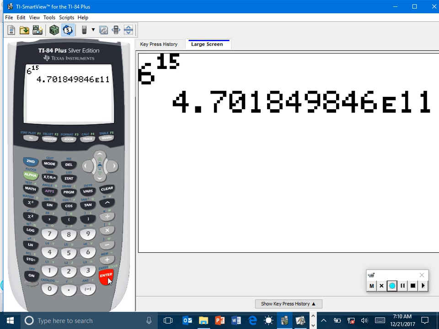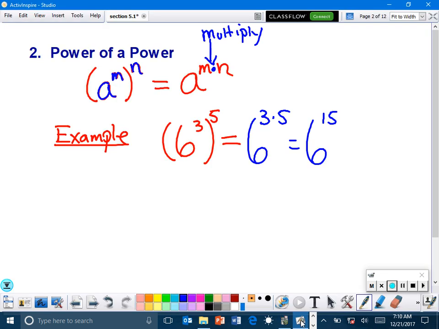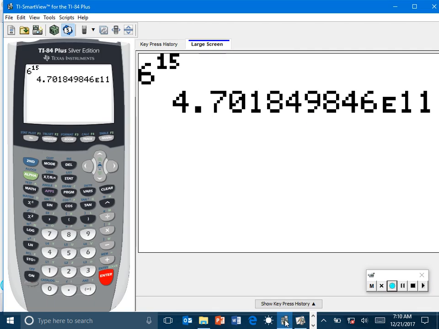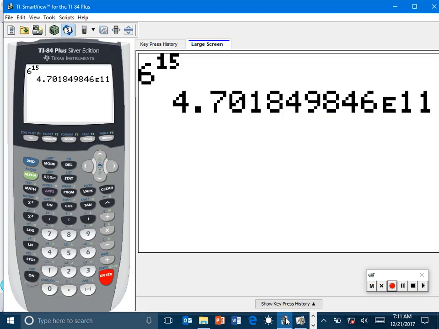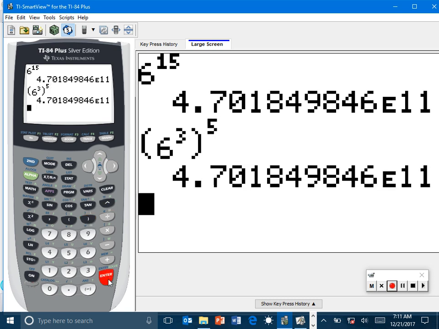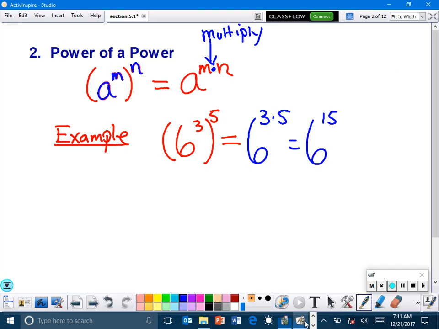But if I also type the original in, sorry, I said that wrong. 6 to the 3rd power to the 5th power. I would do parentheses 6 to the 3rd power, and then to the 5th power, and you'll notice it's the exact same thing. All right, moving on.